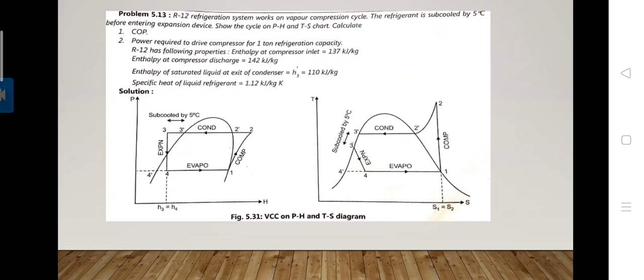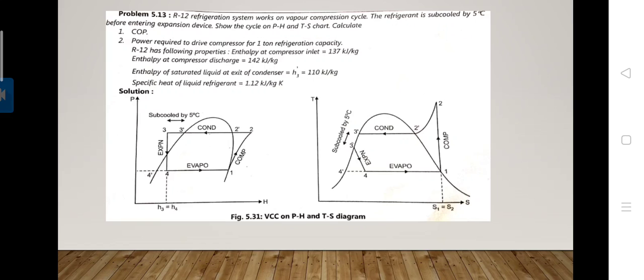The process of cooling refrigerant below the condensing temperature for a given pressure is known as subcooling or undercooling. Due to subcooling the refrigerating effect increases, or for the same refrigerating effect the circulation rate of refrigerant decreases, and therefore the COP of the system increases.